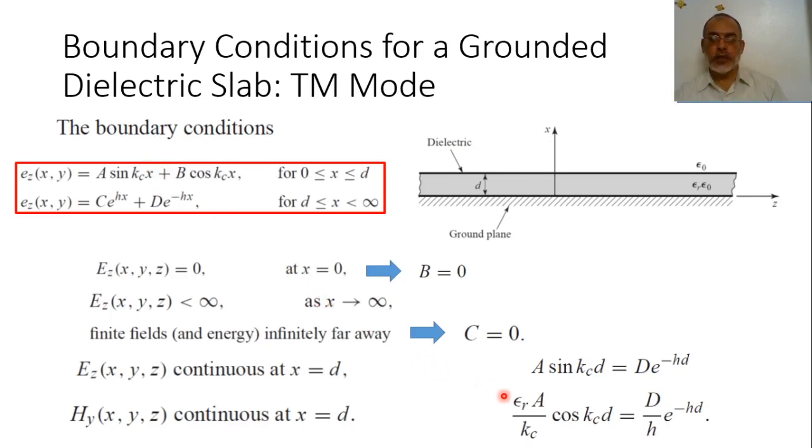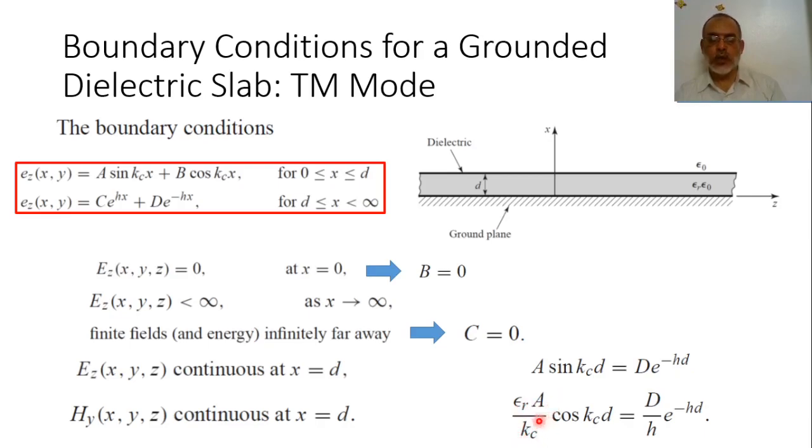Also we have the relation between Hy and Ez. Hy is proportional to epsilon r partial Ez by partial x. So we have here epsilon r A kc, and here we have kc squared.